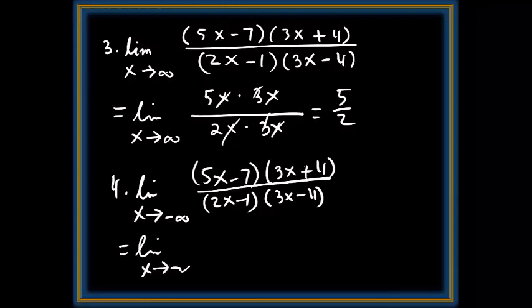Limit as x approaches negative infinity. So I will have 5x times 3x, 2x times 3x. We are not simplifying anything on this. Just drop the constants. And then finally you end up with 5 over 2. So in both cases your limit is 5 over 2, and you can easily verify this in the graphing calculator.